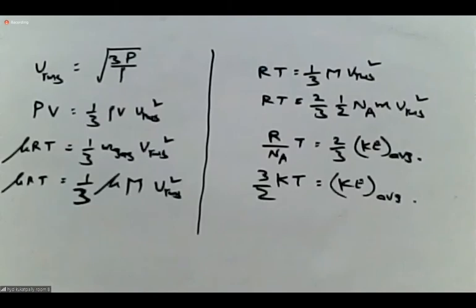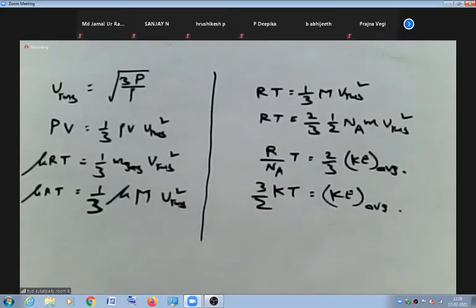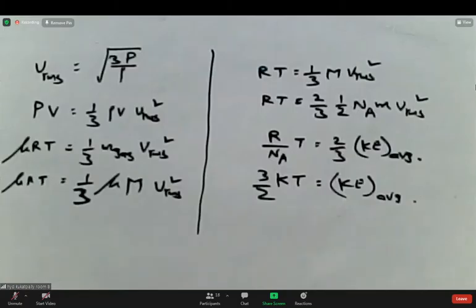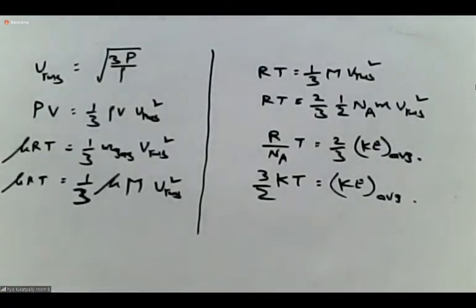So pressure, 1 by 3 rho v_rms squared, also increases. If volume is kept constant, if you arrest the gas in a container, pressure and temperature increase with the supply of heat. If the gas is free to expand, then volume also increases. Thus, whenever you supply heat to a gaseous system, pressure, temperature, volume, all three parameters increase.